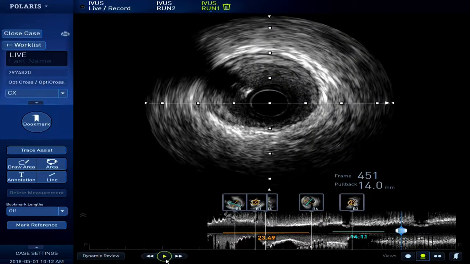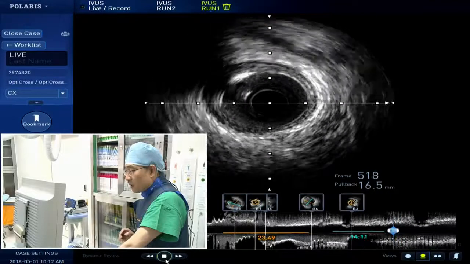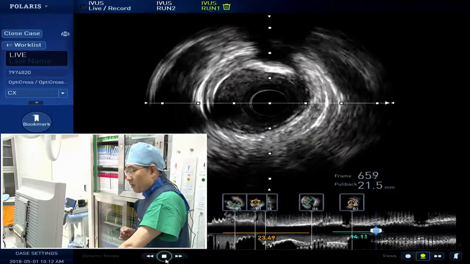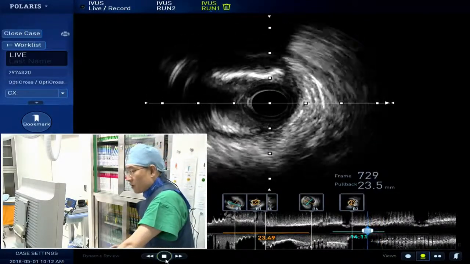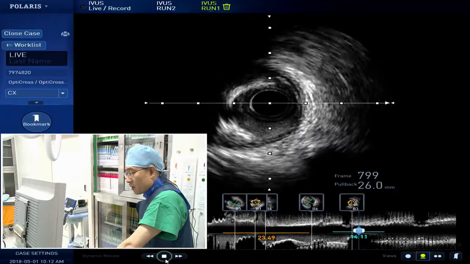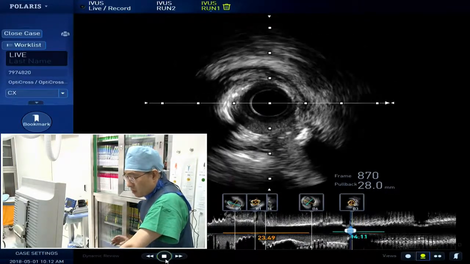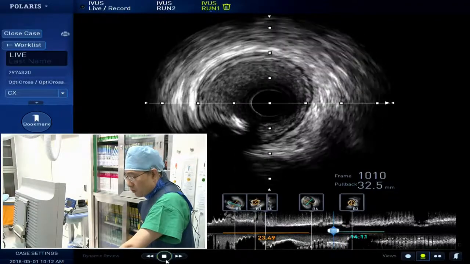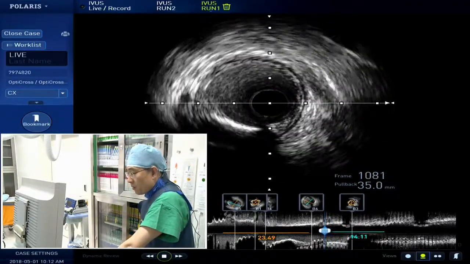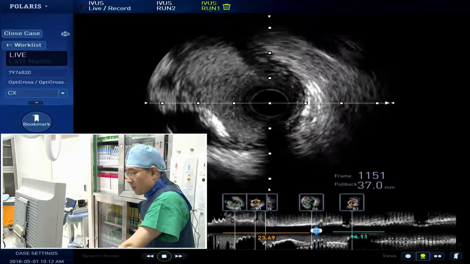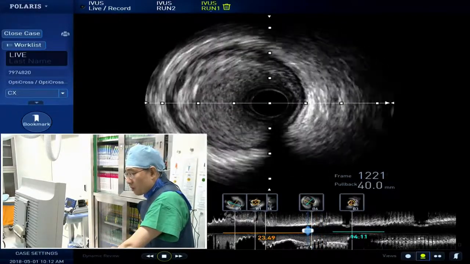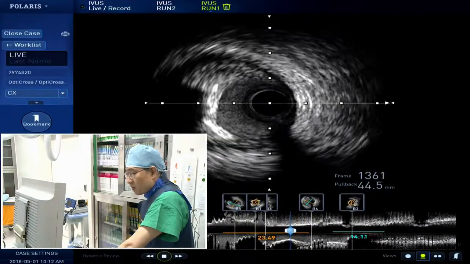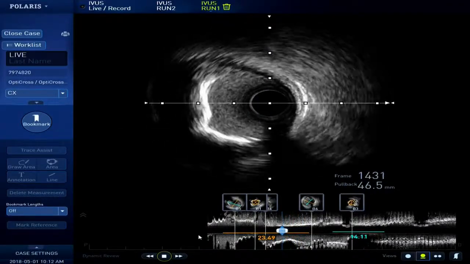Go ahead. So let me show the IVUS image. This is a pullback from the LAD. There are two tandem regions, mid LAD and distal left main. This is a distal LAD site. Vessel size was 3.0, minimal lumen area is 2.69, and lesion length 14 millimeters here. In the pullback to the proximal part, there is a fibrotic plaque and some calcification here around 9 o'clock.